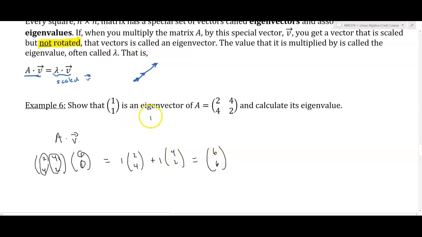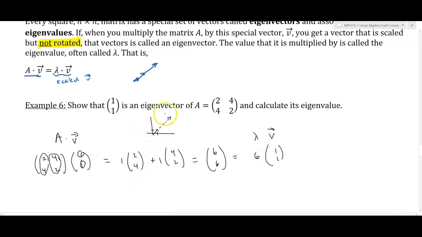Now if you look at these two vectors in two-dimensional space, 1, 1 is here and 6, 6 is out here. They both have the same rise to run ratio. And in fact, if you factored out a 6, you could see that, yes, that is just a scaled version of the original vector V. There's the original vector V. Lambda, therefore, must be equal to 6.